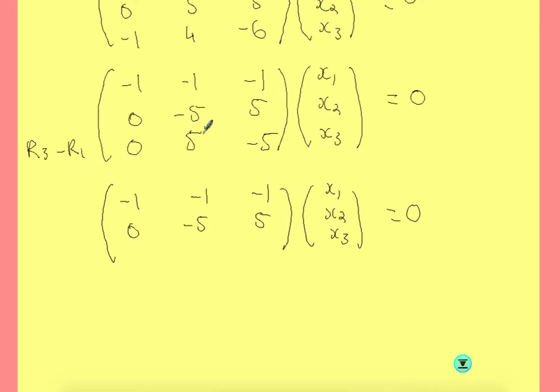So I just need to add these 2 rows together. So that's row 3 plus row 2. So that's 0, 0, 0.